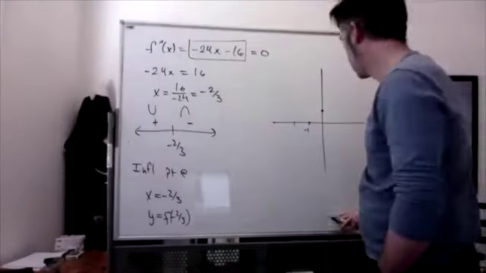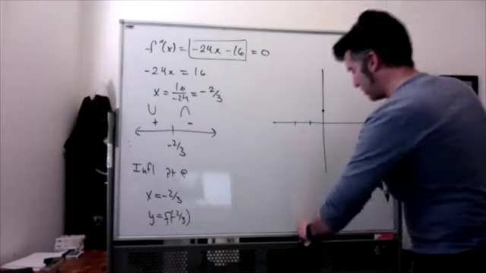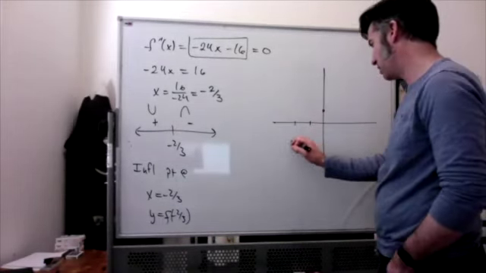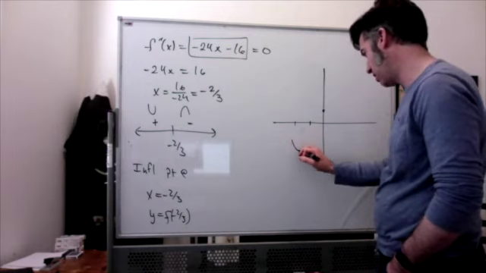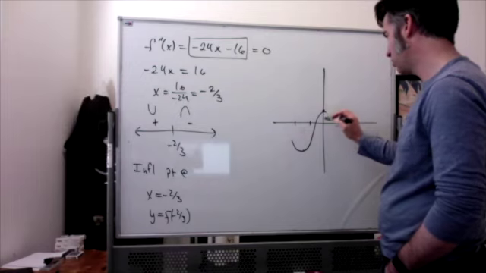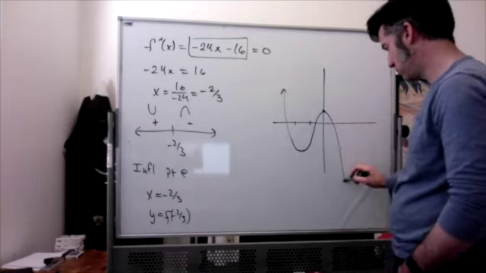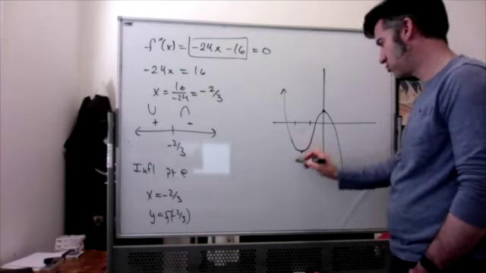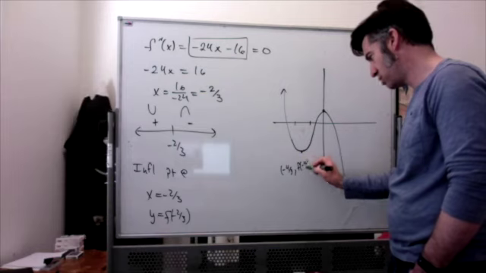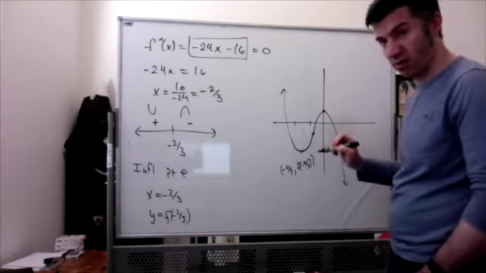Sorry. Here we are at negative 4/3, negative number. So we're doing something like this. Minimum there, maximum there. There's my inflection point here at like negative 2/3.